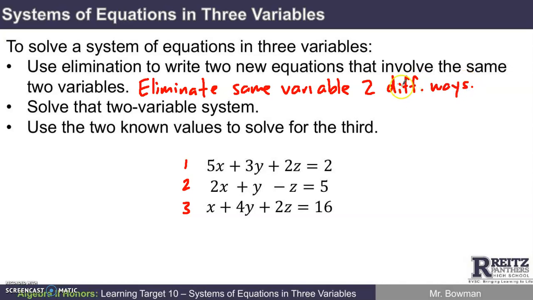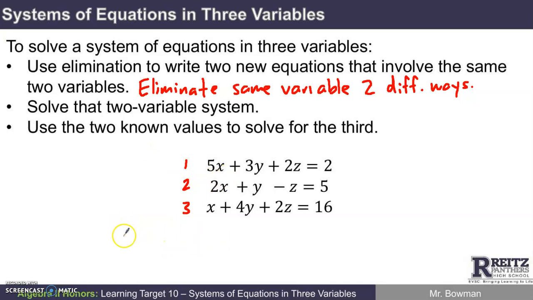And what that's going to create is a little 2x2 system, a system that we've already solved in this course. So we'll solve that system. We'll know 2 of the values, and then we'll use back substitution to find the 3rd value in one of the 3 equations. So it's a process that takes practice.